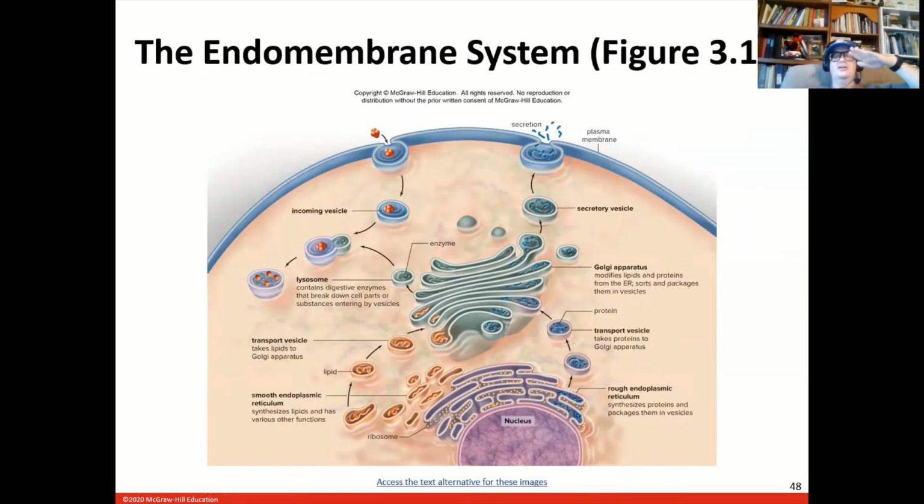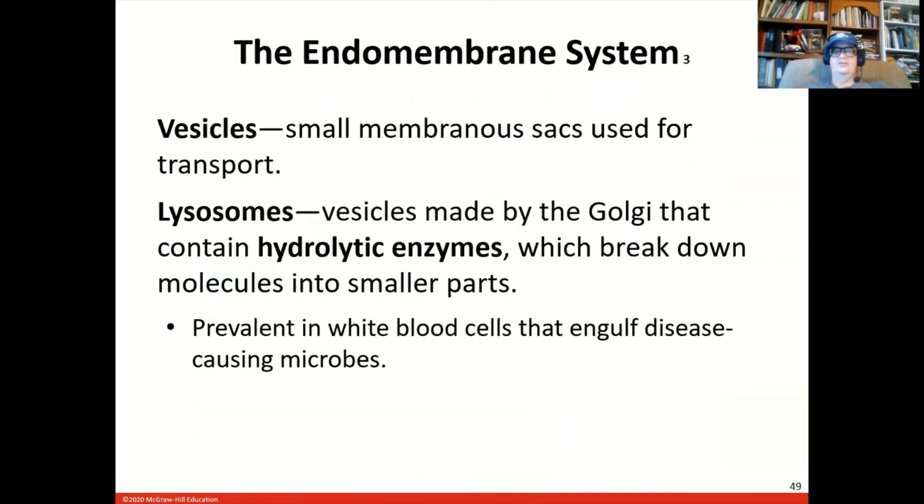The C in cis should remind you that things arrive on the cis face. And then things leave on the trans face. Why? Because they're being transmitted across the cell to somewhere else. Actually, because trans means across, and you've now gone across the Golgi apparatus. But however you remember it, cis and trans, good to know.